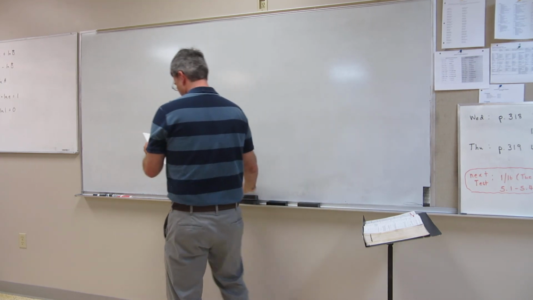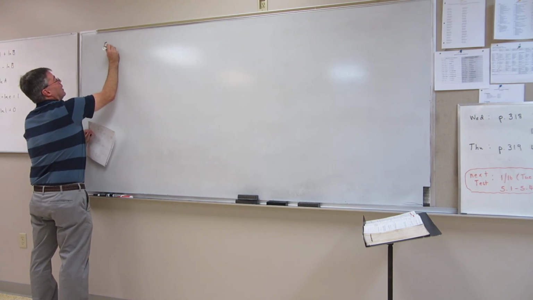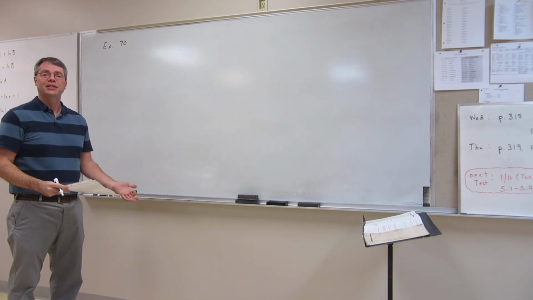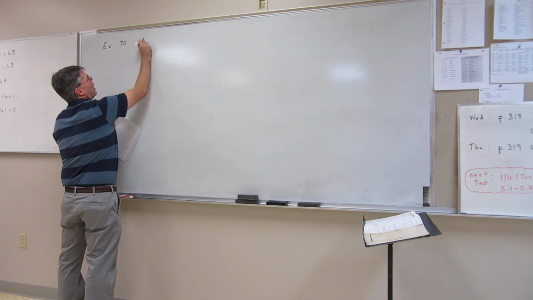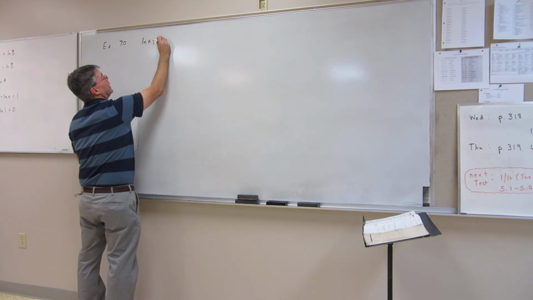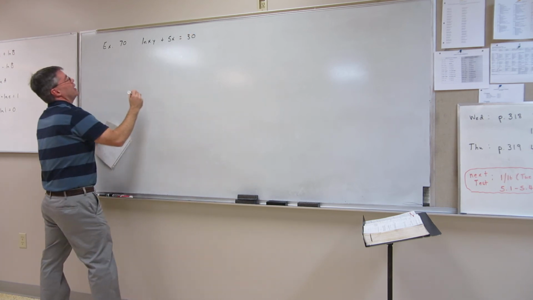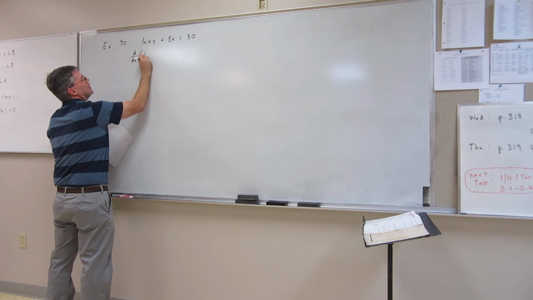Okay, one more example, last one, is going back to implicit differentiation. So that's where the x's and the y's are mixed together. So we have the natural log of x times y plus 5x is equal to 30. And we want to differentiate that with respect to x.